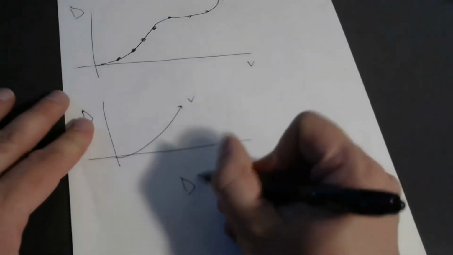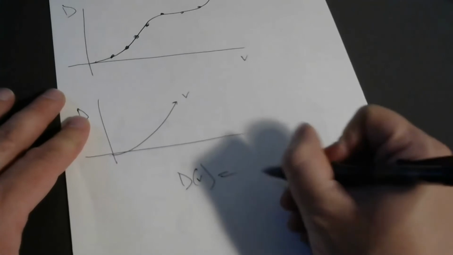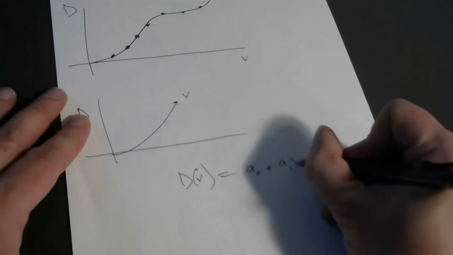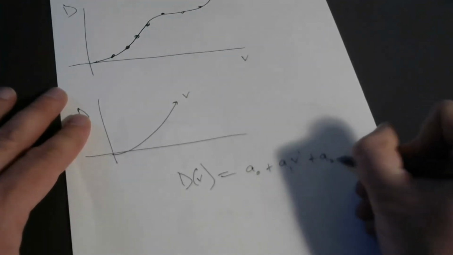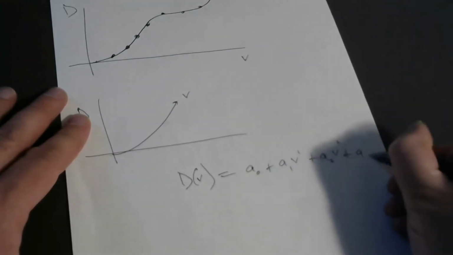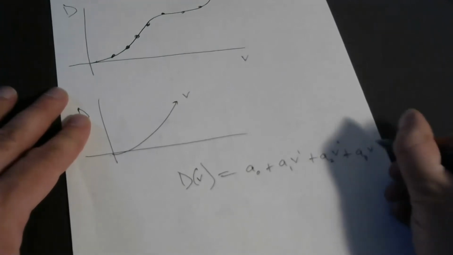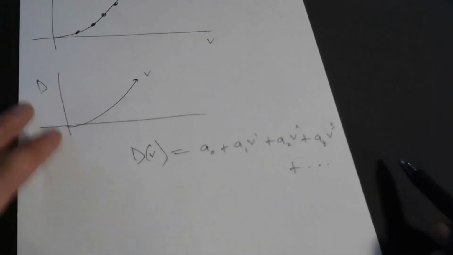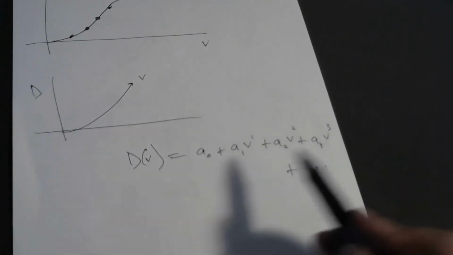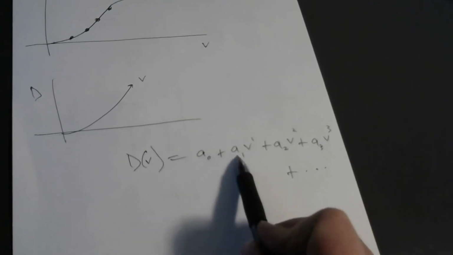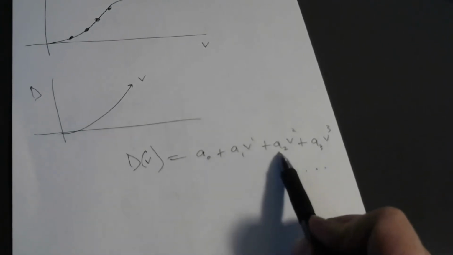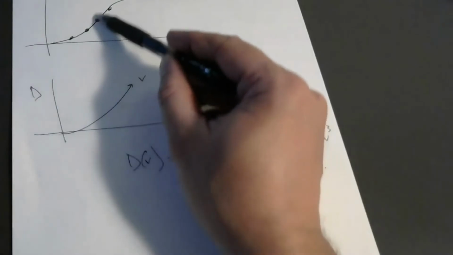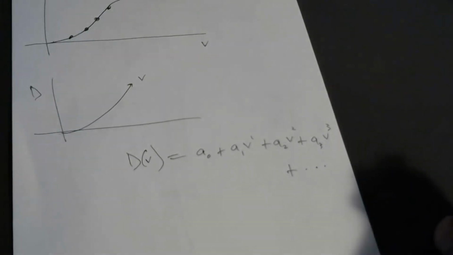So the drag as a function of speed would be some constant plus some other coefficient times v to the first power, plus another coefficient times v squared, plus another coefficient times v cubed, plus etc. And you just continue on to higher and higher powers of v. And all you have to do is choose these numbers. These are numbers. Choose these coefficients correctly, and you can get the sum of all these terms to match this curve really well. That's called a Taylor series.